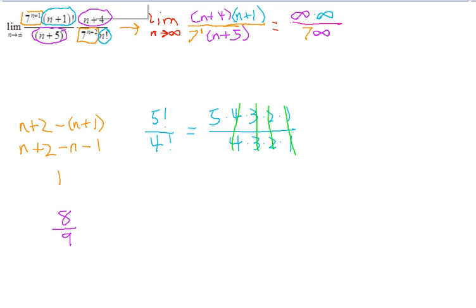So we get infinity squared over 7 infinity.